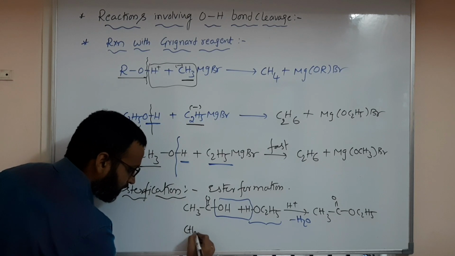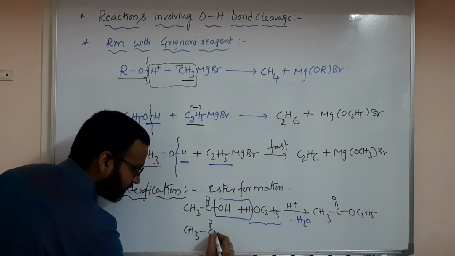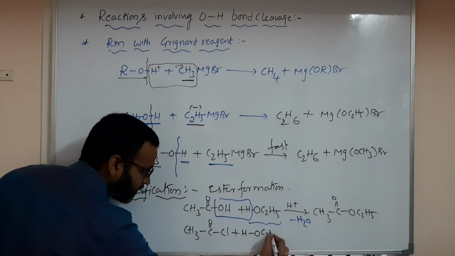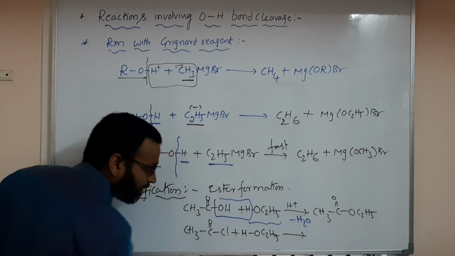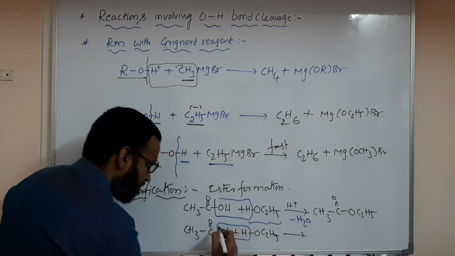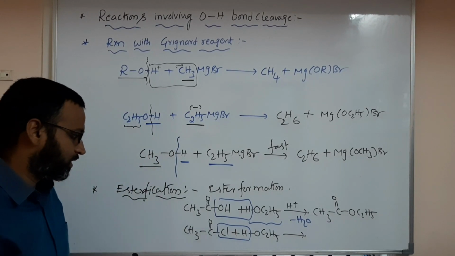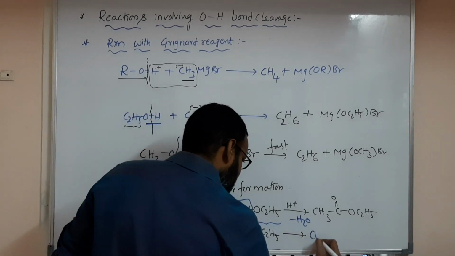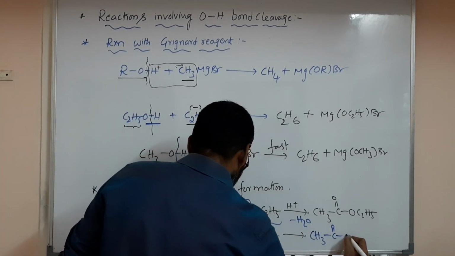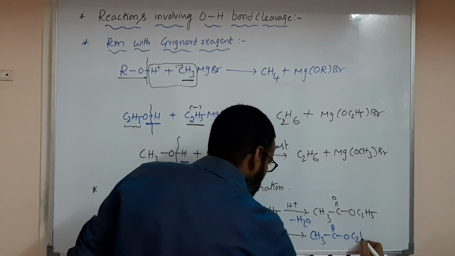Acid halide. Suppose CH3 C double bond OCl plus HOC2H5. What happens? Can you guess? Here HCl will be removed. Here water was removed, here HCl will be removed. Then what will you get? CH3 C double bond O C2H5.